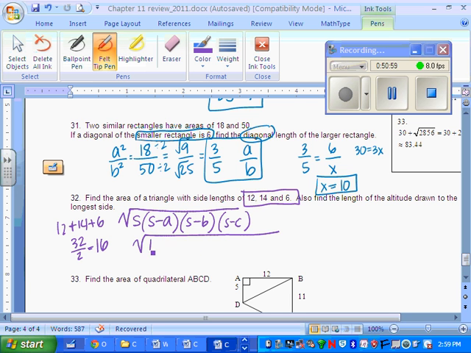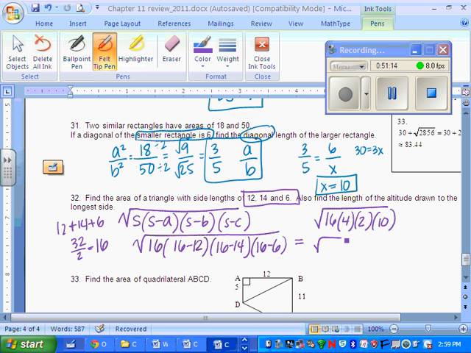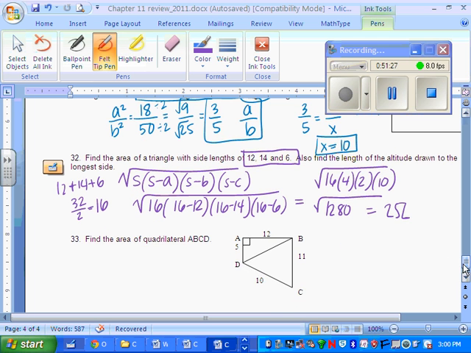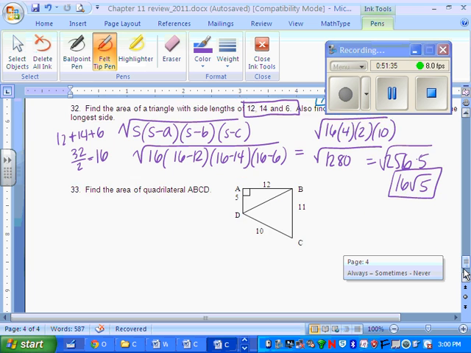So square root of 16, 16 minus 12, 16 minus 14, and 16 minus 6. So I end up getting 16 times 4 times 2 times 10, 1280. I can take out the 256, looks like 256 times 5. And I end up getting 16 root 5 as my final answer.